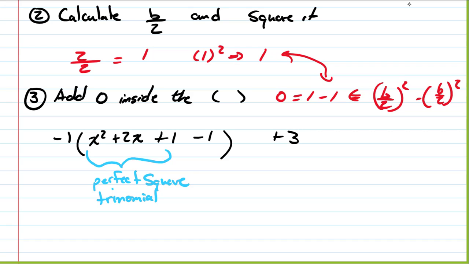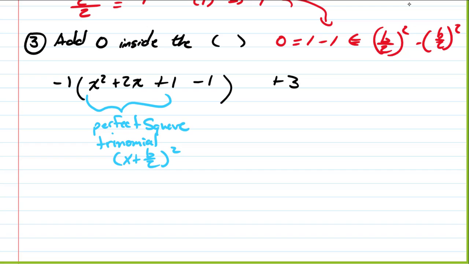And in fact, it will always factor into x plus b over 2 squared. So we're going to get -1 times, and then parentheses, if we factored x squared plus 2x plus 1, that's x plus 1 squared. But then I have this extra -1 plus 3.